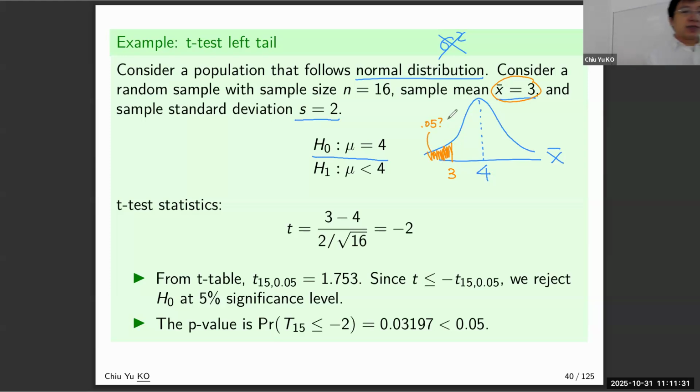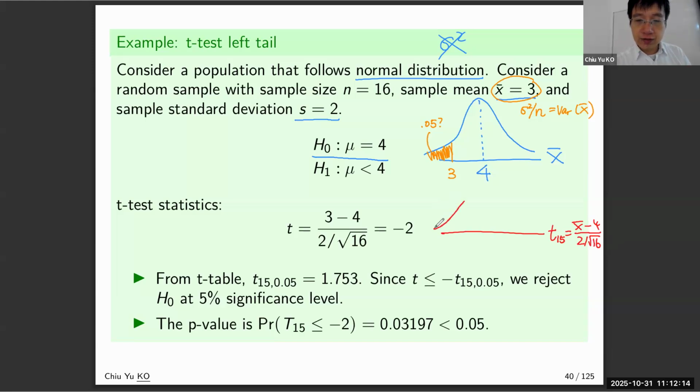And you can do the z-test if you know the sigma square over n, because that is the variance of x bar. Because this is normal, I know that, then I'm done. But I don't know this. What I can do is to convert this to t, and we know how to do that. If you do the t, 15, which is x bar minus 4 over s over root n, so 2 over root 16.